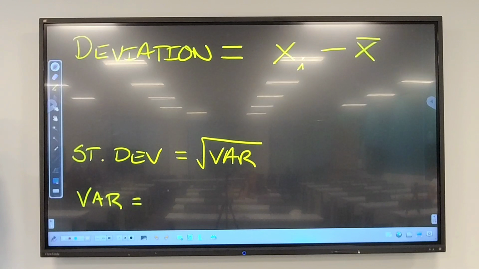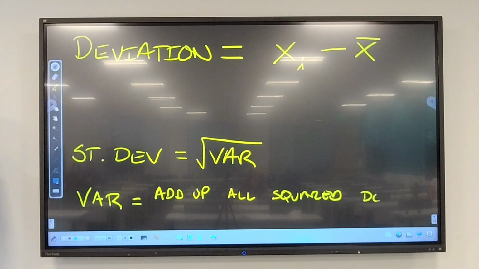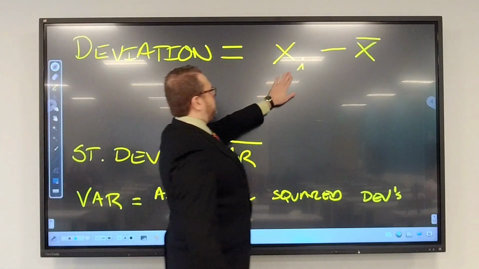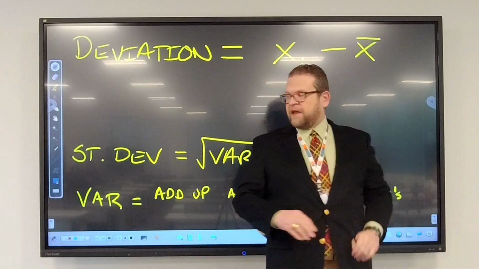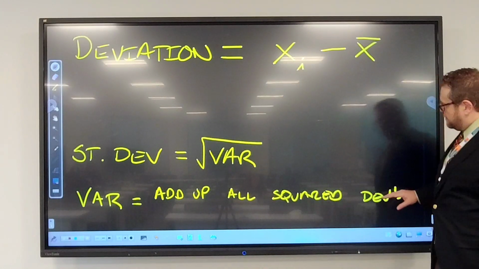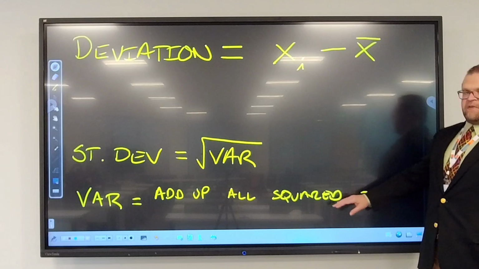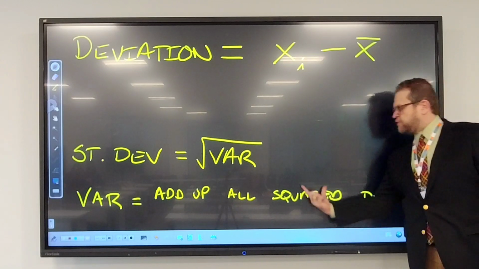The variance was where we added up all of the squared deviations. Every single data point is going to have some deviation. And if we just tried to take the average of the deviations, we always got 0. So we had to square them.